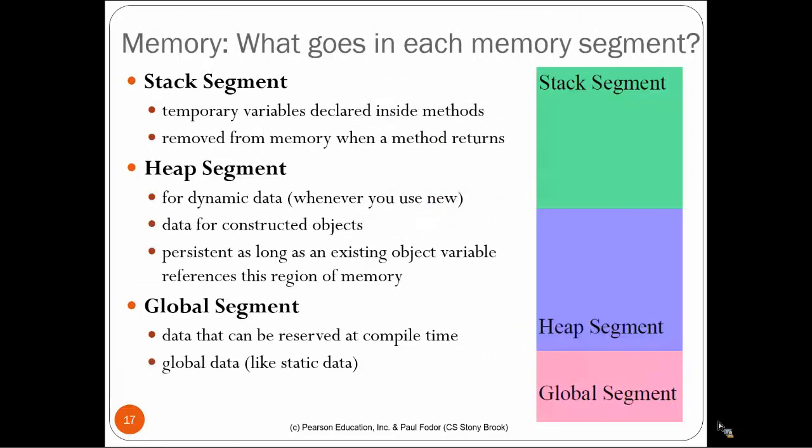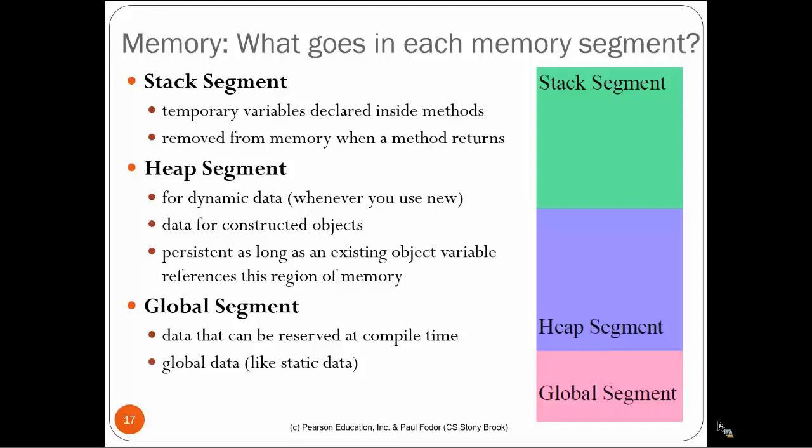So when you run Java, it starts Java and actually uses multiple segments of memory. The ones that are most important that we are going to discuss today are the following. The stack segment contains temporary variables declared inside methods. They are removed from memory the moment that the method terminates and returns.